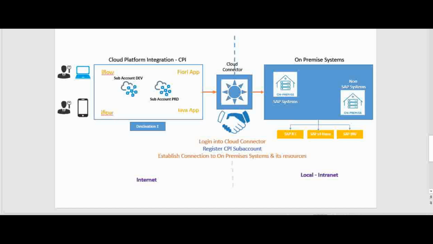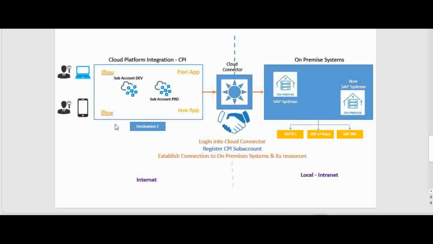So let me go to this picture again and recap the architecture. The left side portion is our CPI, which is in the internet cloud. The right side portion is the on-premises system, which is inside the local intranet, completely secured by a firewall.